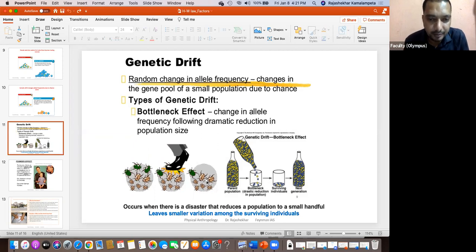So here it's a random chance, a random event. It could be a disaster: a drought, an earthquake, a fire accident. Whatever, there's a random chance. And here, given that there was a difference in genetic diversity, because it might have taken enough time to give rise to these green ones, and accidentally they died.